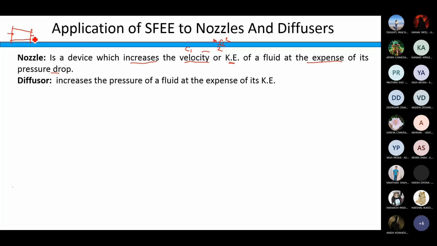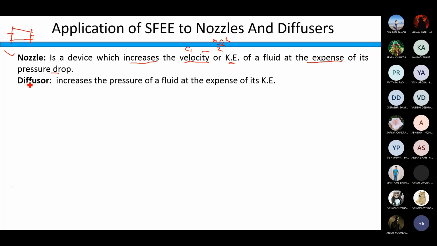Consider this as the outlet. When the fluid enters at the inlet and flows in this direction, as the area is reduced, you will find an increase in the velocity of the flow, and simultaneously there will be a decrease in the pressure as well, because that pressure energy is converted into velocity energy or kinetic energy. That type of device we call a nozzle.